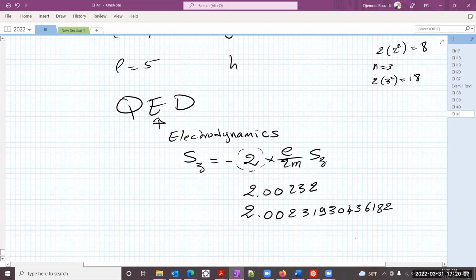Can you imagine a calculation that gives you this level of accuracy with the experiment? I mean, look at how many decimal points after the 0. After the decimal point, you have 1, 2, 3, 4, 5, 6, 7, 8, 9, 10, 11, 12, 13. There is an uncertainty about this number, but the theory that gives you that much precision must be extremely, extremely accurate.